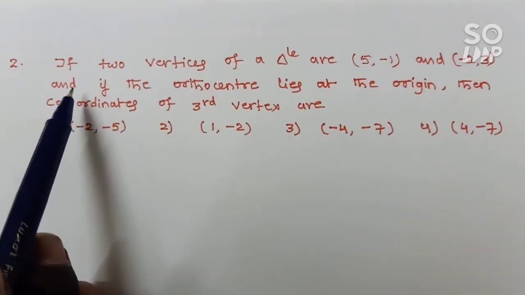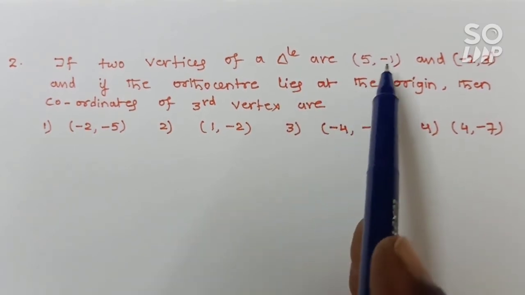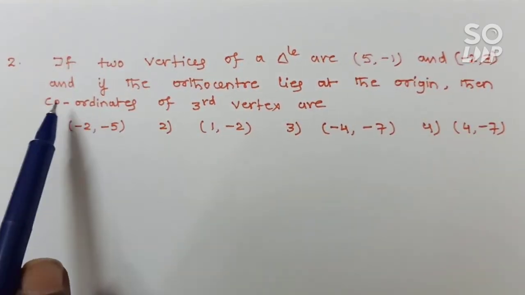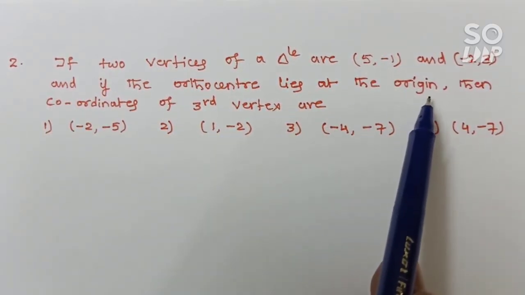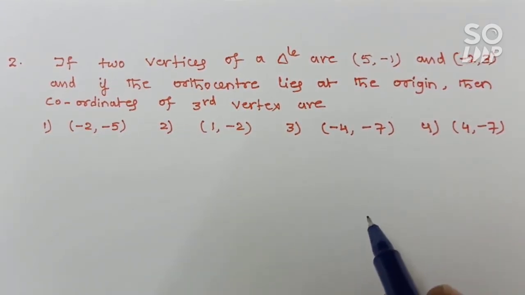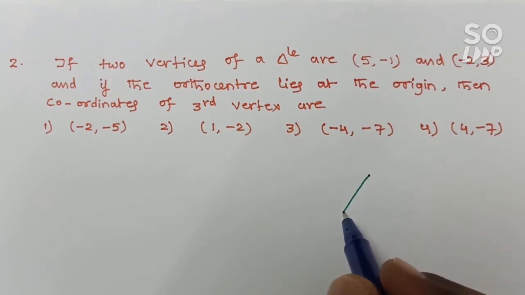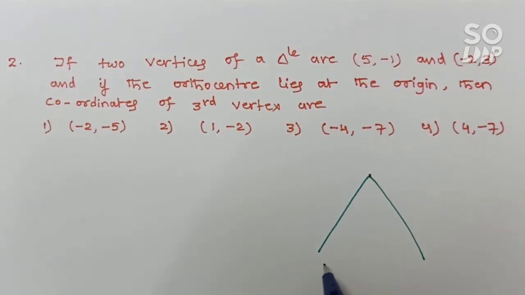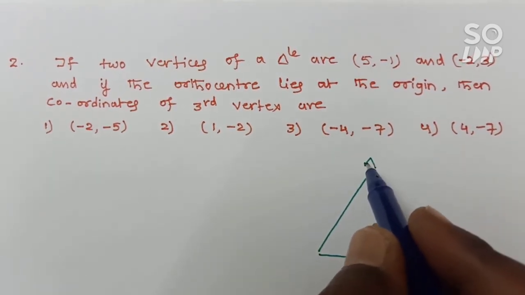See, if two vertices of a triangle are (5, -1) and (-2, 3), and if the ortho center lies at origin, then find the coordinates of the third vertex. Already we know that concept. What is that concept? See, you take the triangle ABC.